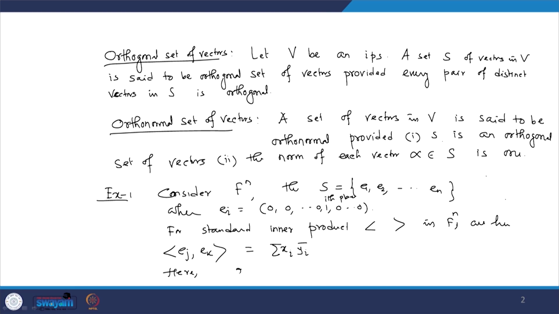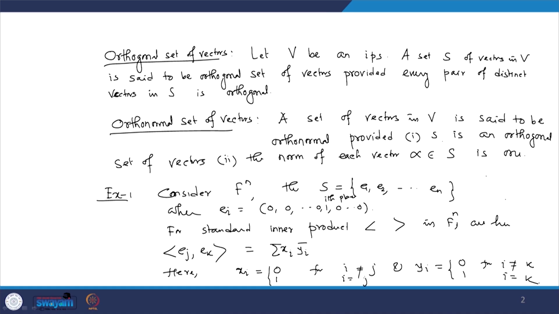Here xi equals 0 for i not equal to j and 1 for i equal to j, and yi is also equal to 0 for i not equal to k and 1 for i equal to k.